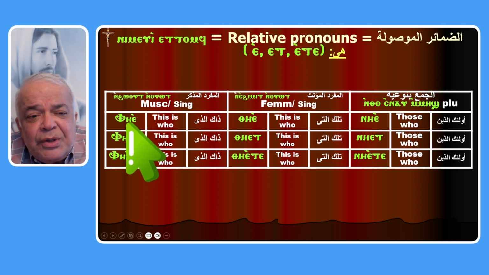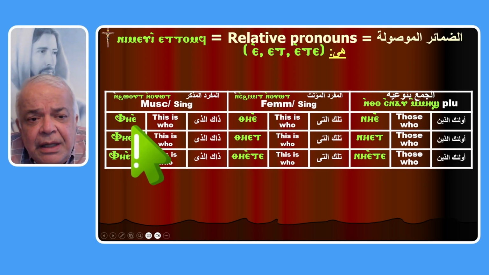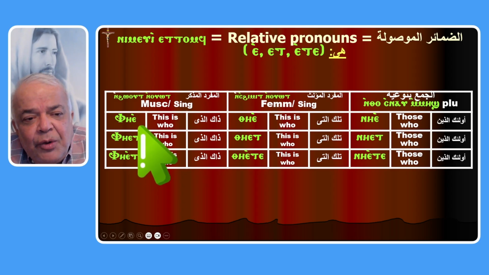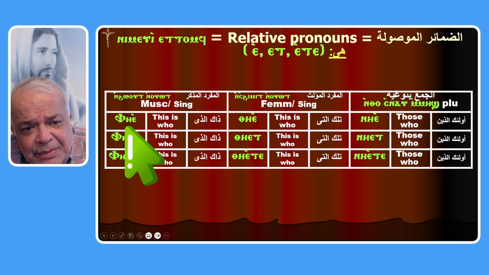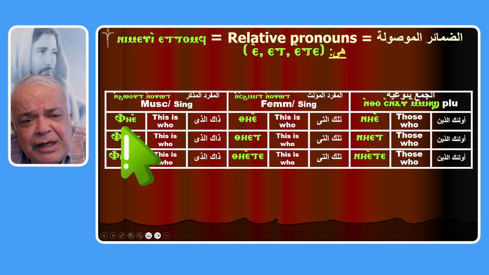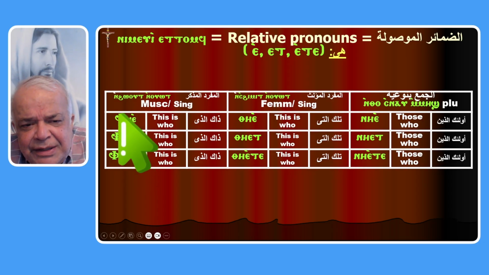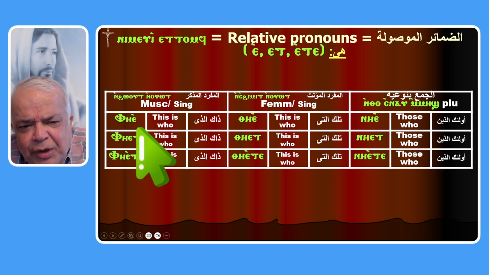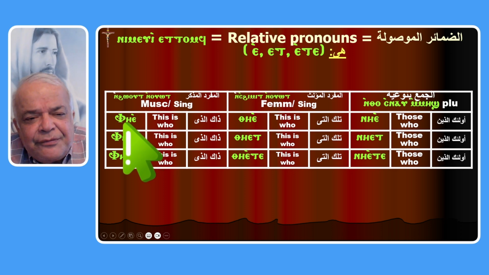If the verb does not have an object, we call it intransitive. Intransitive doesn't have an object. Transitive has an object. In Arabic we say الفعل اللازم أو الفعل المتعدي, so that we understand it. So Fi A that's connected to an object means the verb we are using is transitive.